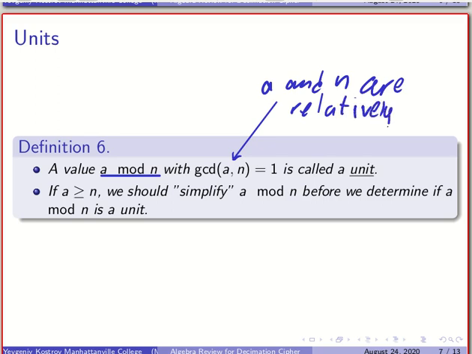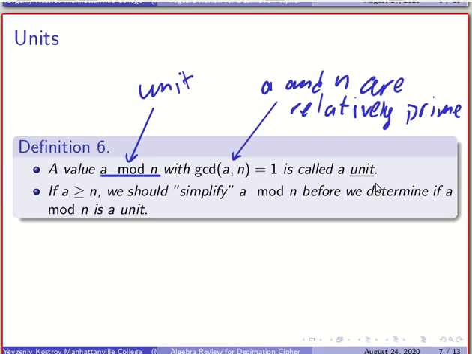If they're relatively prime, then it is called a unit. This number over here is called a unit. Unfortunately, if a is bigger than or equal to n, then we need to use modulo operations to simplify the expression before we decide whether it is a unit or not.